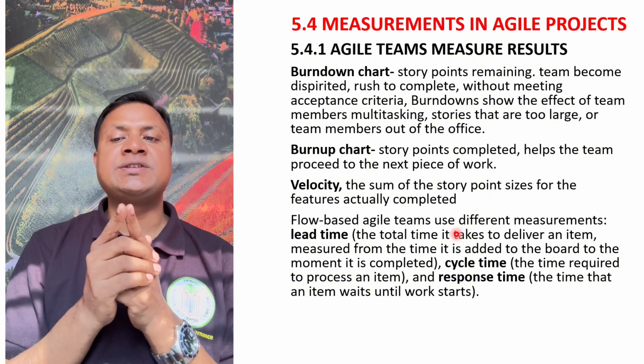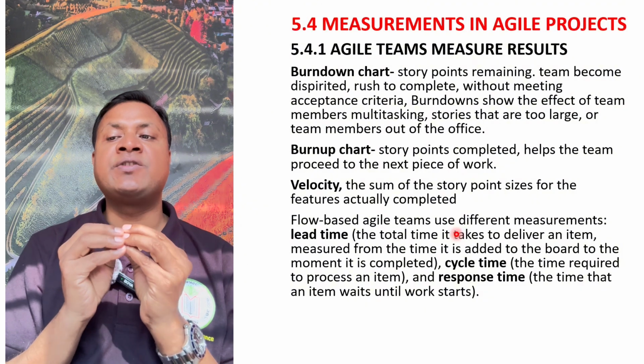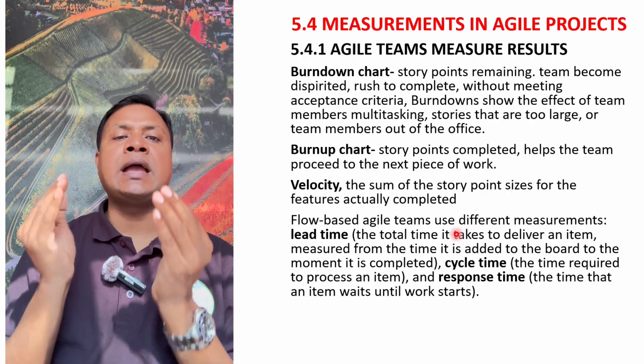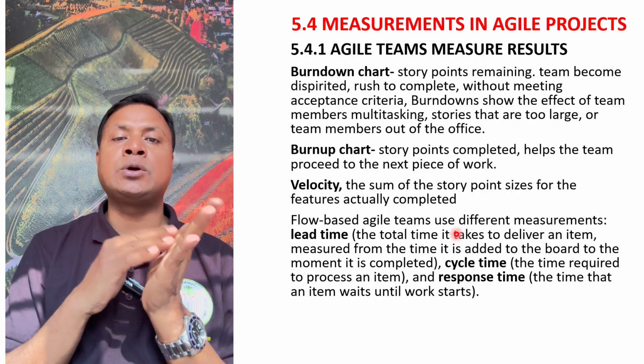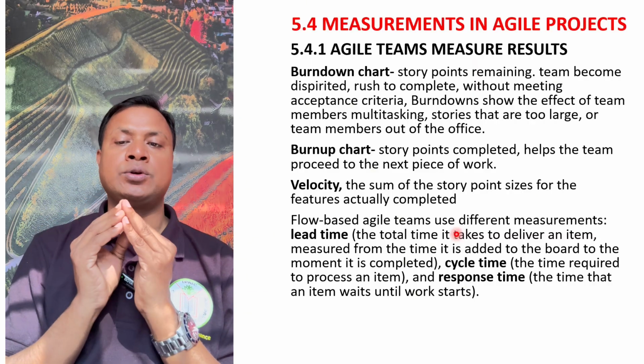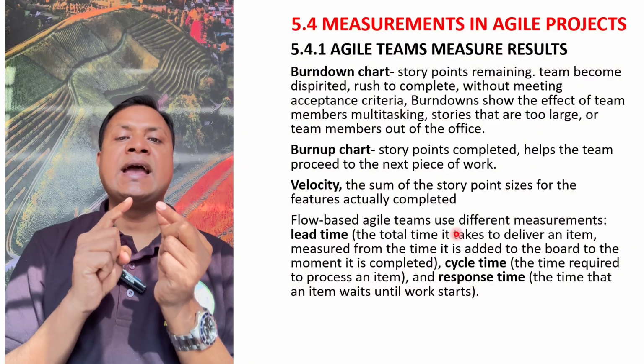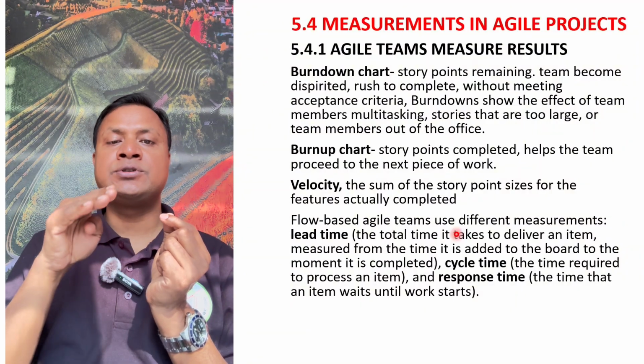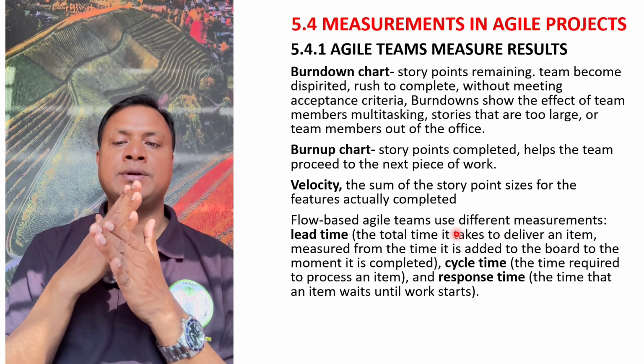In flow-based agile teams, we should use different measurements, for example lead time. Lead time means the total time it takes from the beginning to the closing, completing the story. Cycle time is when work has started and the process is continuing, not completed.